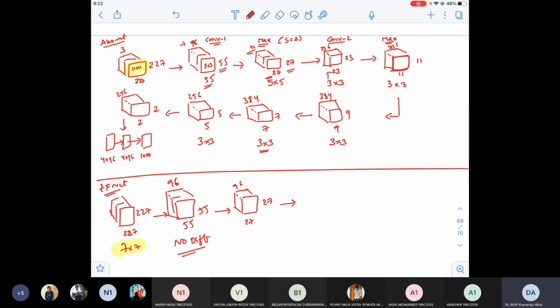Then after 96 cross 27, 27, they got 23 cross 23, and the depth is 256. Directly I'm just writing a single dimension. So 256. That means this is also the same.